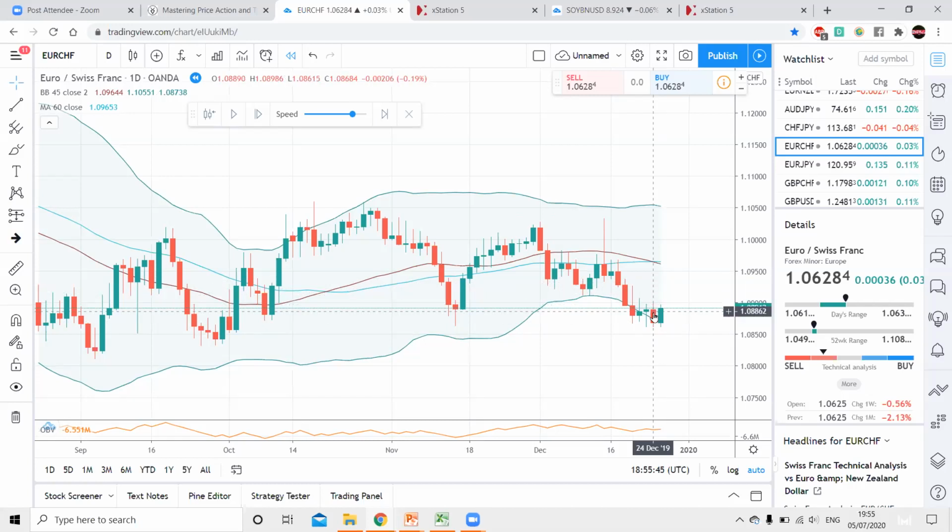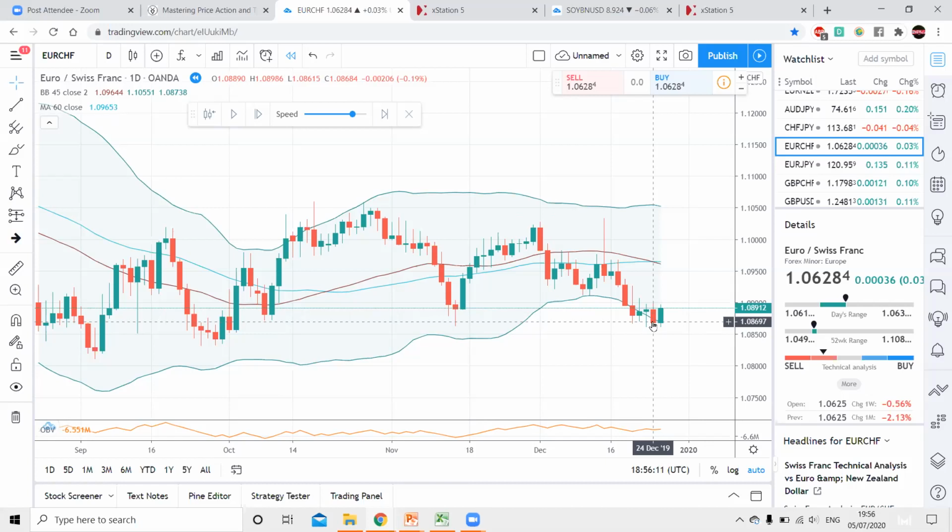Now, if you look at the numbers, you can see on the top left of the chart, the Bollinger Band has a lowest value at 1.08738, and this candle here closed at 1.08684, and that is below the Bollinger Band, like I said.